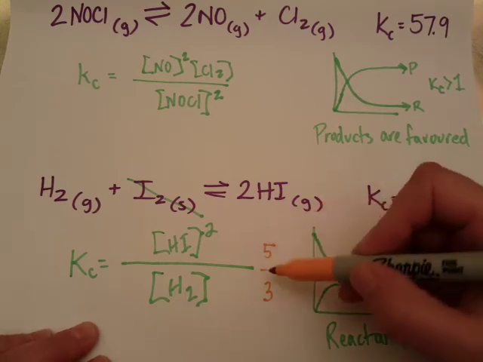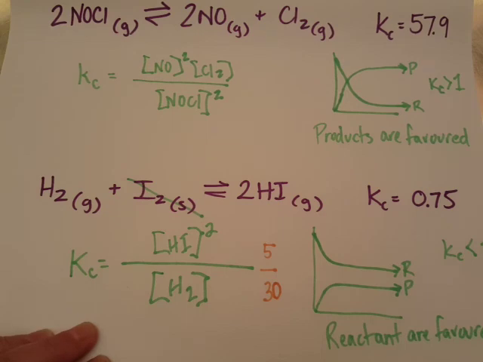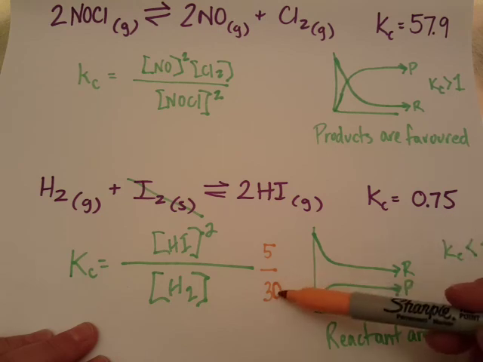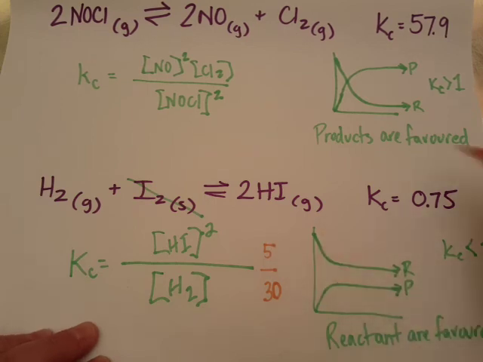So we would probably need to have something like 5/30. If we did 5 divided by 30, then we'd have a decimal number, and we would have a situation where the reactants are the big value and the products are the small value.